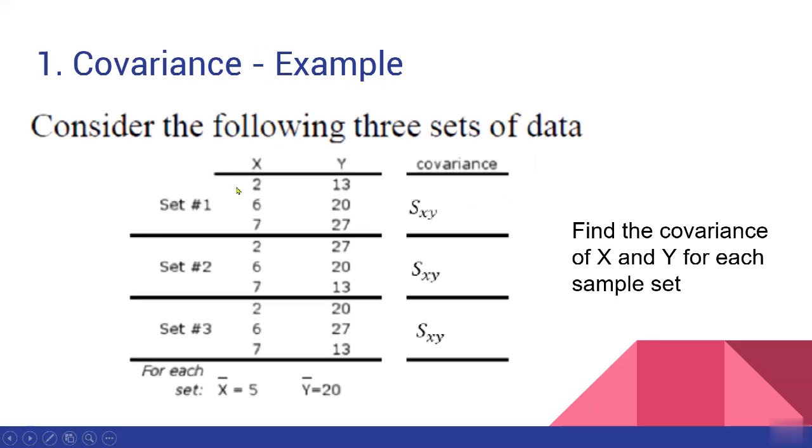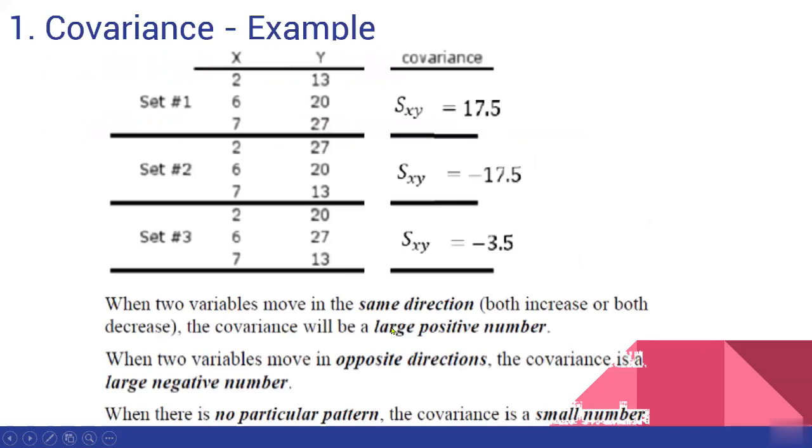Okay, there are three sets of data, and it asks you to calculate the covariance of x and y for each set. All right, here I will show you how to calculate covariance for the first set and leave the other two sets for yourself.